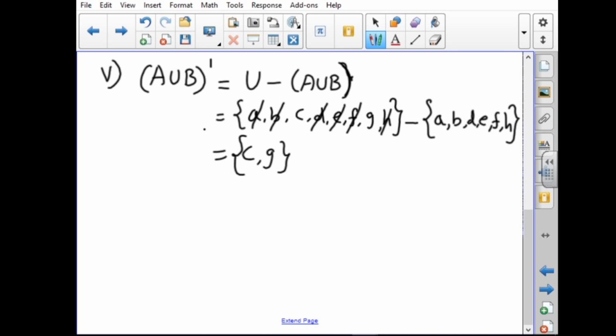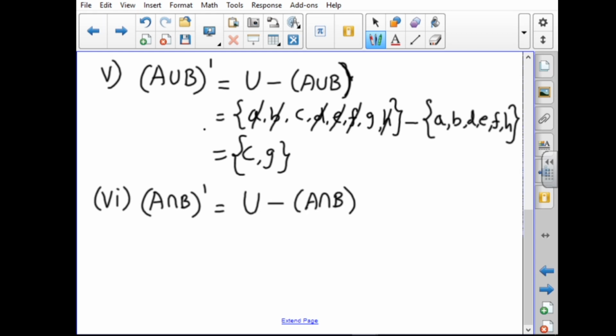Then next one, A intersection B whole dash. That means what we have to do? In the universal set, you have to subtract the set A intersection B. So in the universal set, what do you get?